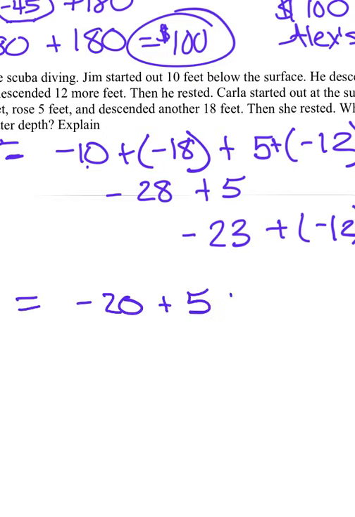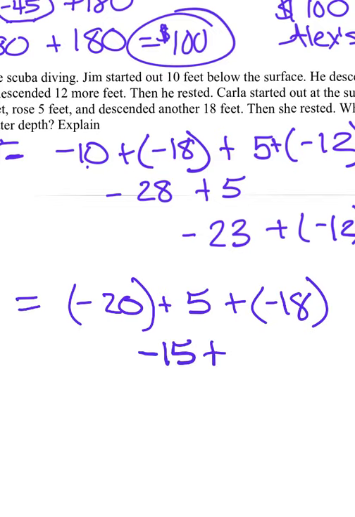And descends another 18, so that's a negative 18, right? So what's a negative 20 plus 5? Negative 15, and all we have left is plus a negative 18. Yep, you add them because they're the same signs. They're both negative. So what's 15 plus 18? 33.